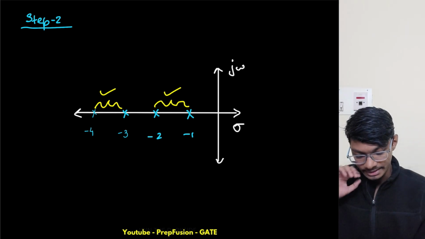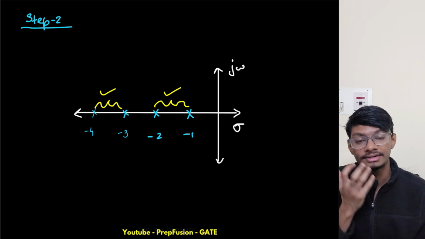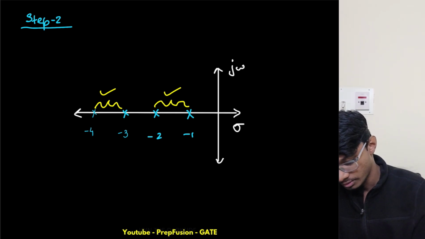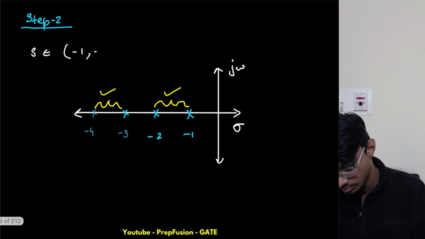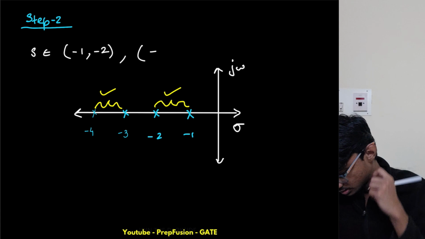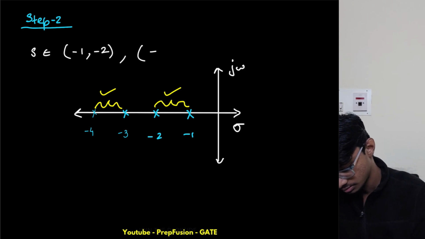So here what are my valid ranges on the real axis? My valid ranges are S belongs to -1 through -2, union, -3 to -4.